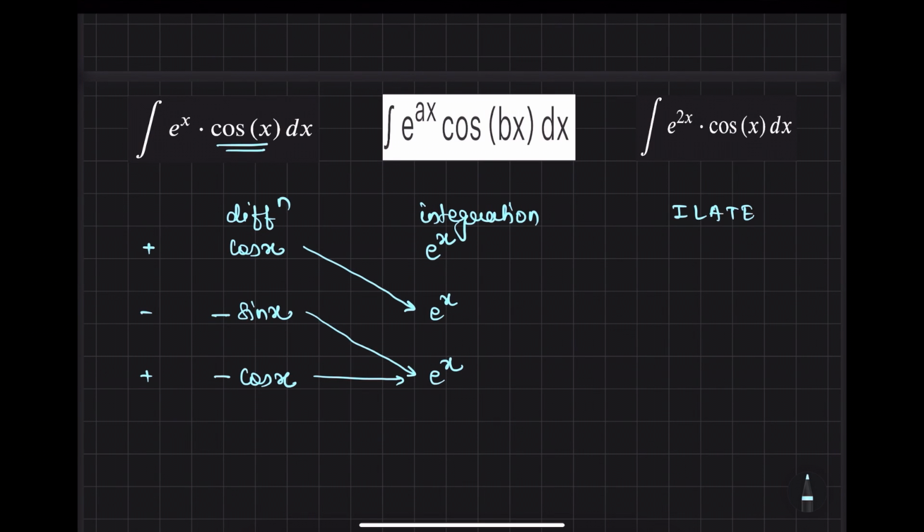Now look at this. You will write I on this side. I is this thing. Now the first component is e power x cos x.